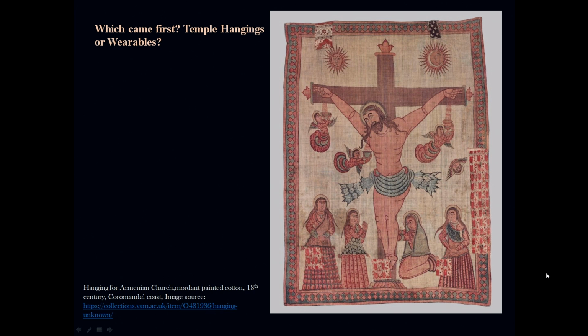So in this piece, what we see is the figuration, and the use of color and everything else, we find them to be very closely associated with the other hangings which were produced in this region.